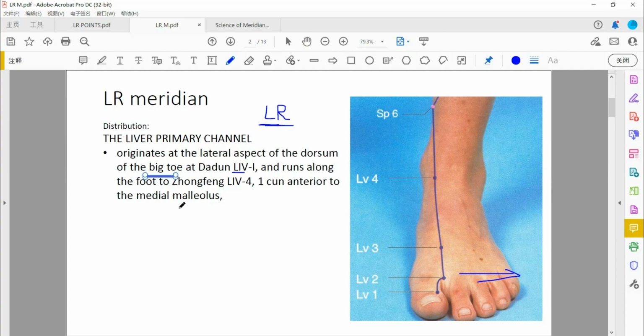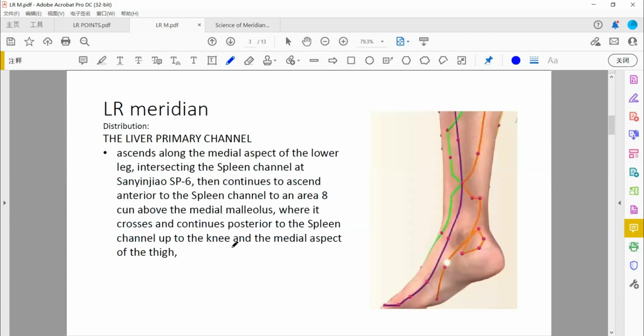One zone anterior to the medial malleolus. It ascends. Look at this one. We have studied what meridians there are: the green one, the purple one, and the orange one.